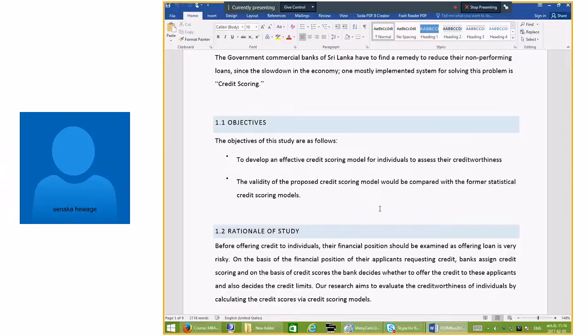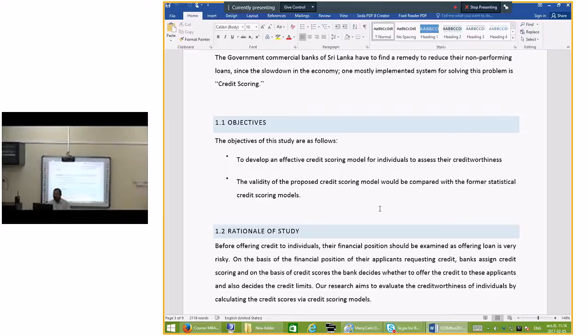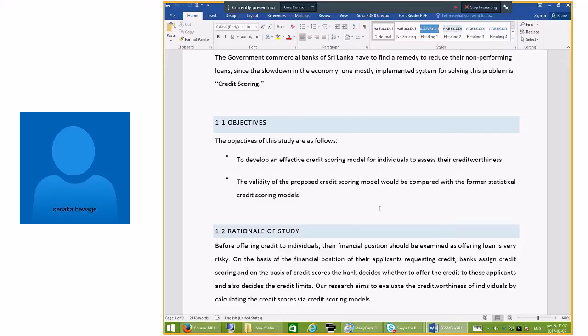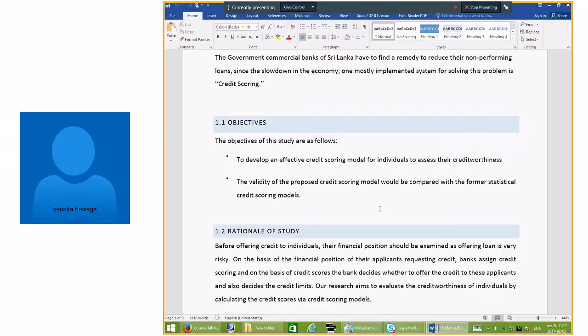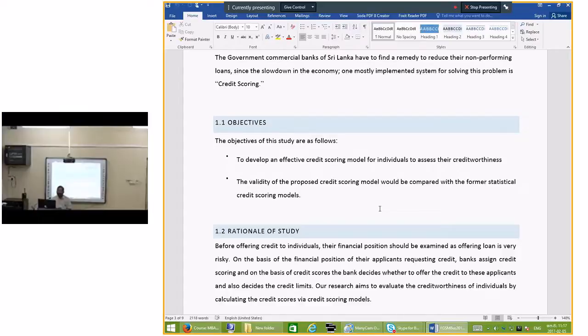Otherwise, you may go to another commercial bank, the HNB or the Commercial Bank, and compare that model with this model. Okay, sir. Can you reach that data? Yes, I can reach that data because I work at Bank of Ceylon, sir. No, Bank of Ceylon data I know you can take.